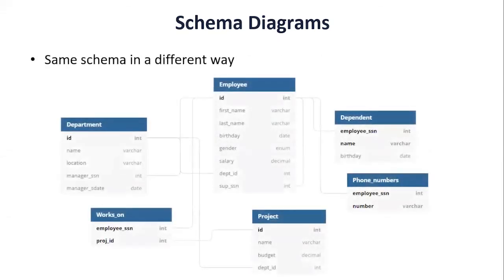So I'll show you a different way, mostly similar, but as you can see, we have included the domain type for each of these attributes. You can see in the department table, we have ID, which is an integer, name varchar, location varchar, and manager SSN and manager start date, int and a date.